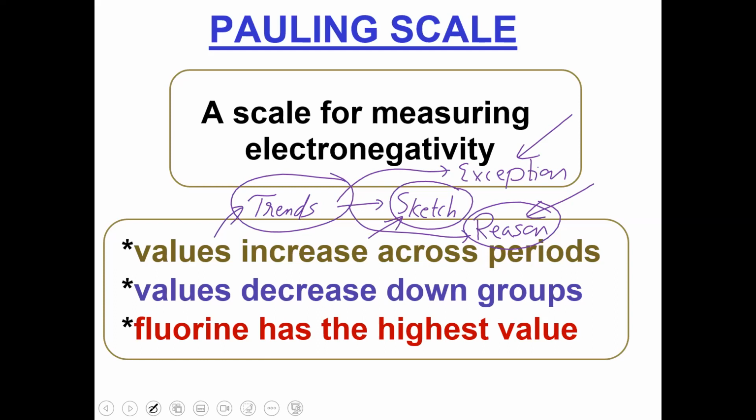So can you repeat for me? For every trend, there are 3 features to remember. What are the 3 features to remember? How to draw the sketch. What is the reason for the trend? And if there is an exception, you have to determine and explain the exception. Can you repeat for me? What are the 3 features of every trend in chemistry?